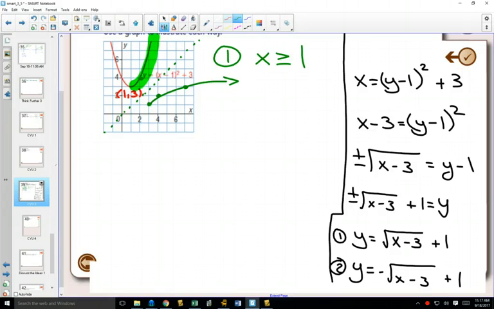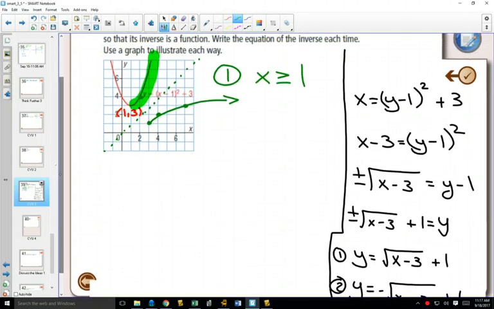Now, for our green graph, when we only choose half of our graph, our equation that we get is going to only be one of those 2. Can you tell if it's going to be the positive one or the negative one? It's going to be the positive one. And if we think about our transformations, does this make sense?